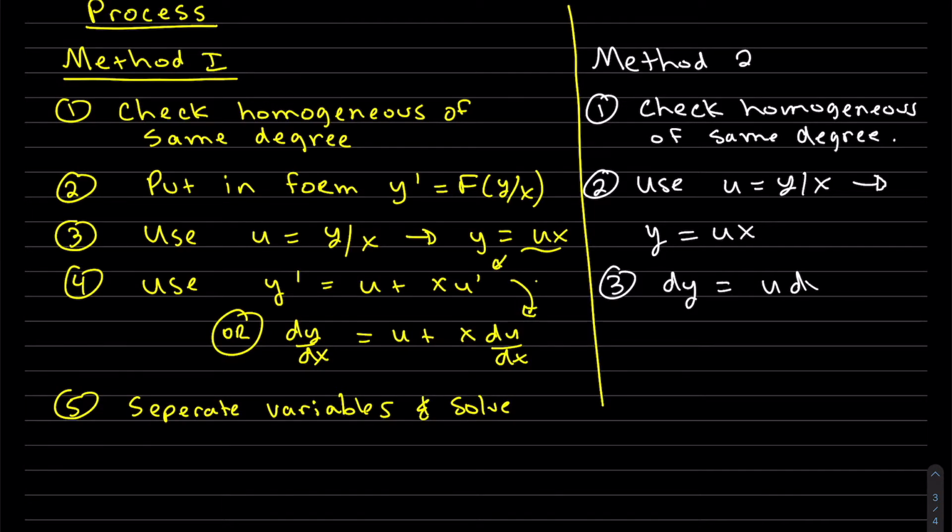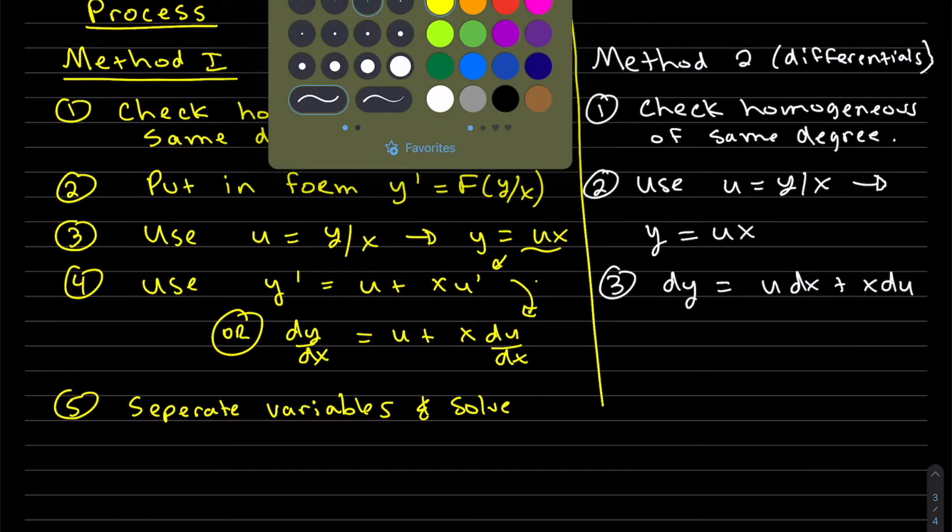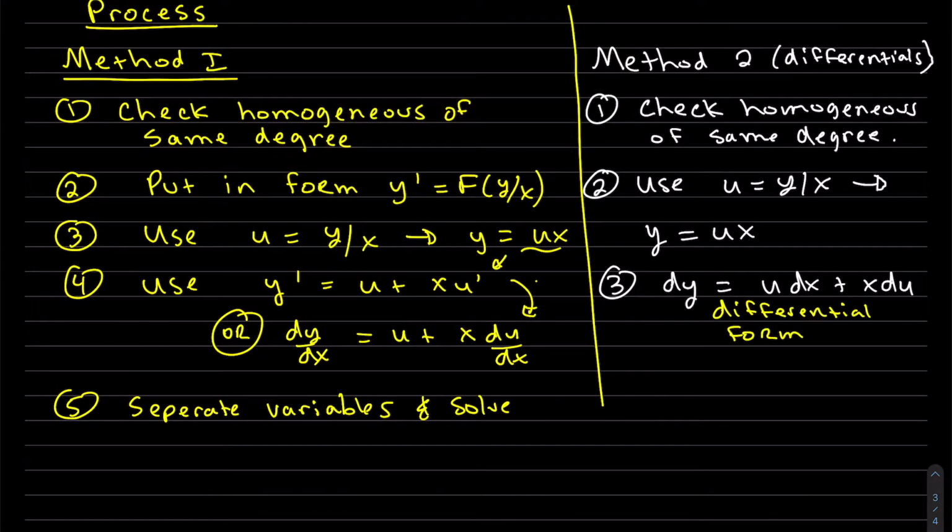U dx, derivative of x, plus x, derivative of u, du. Much easier, I think. Again, this is differentials, because this is differential form right here. And then our fourth step, same: separate variables and solve.